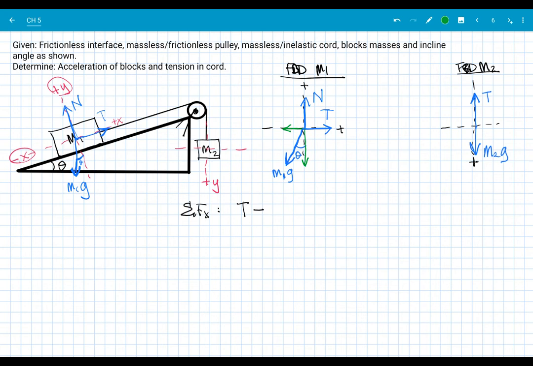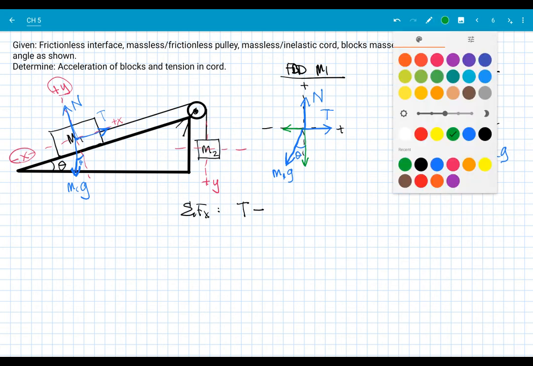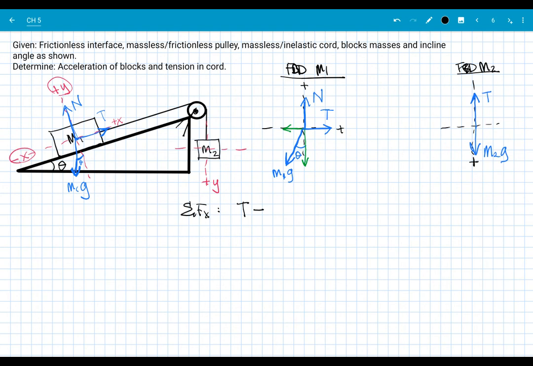So summing my X forces: T minus just the X component of the weight, which is M1G sine theta, because I'm looking for the opposite side of the triangle, which corresponds to the sine.